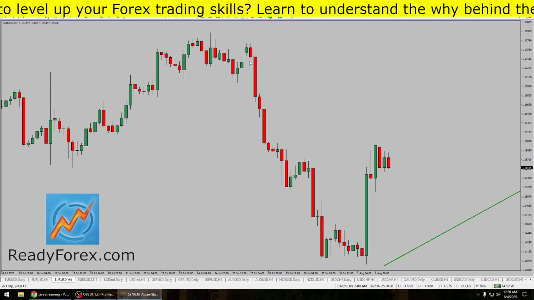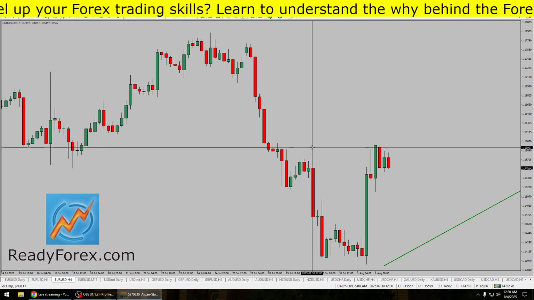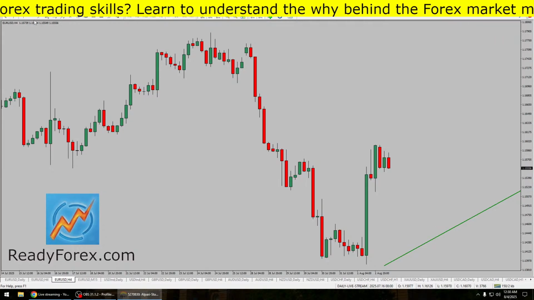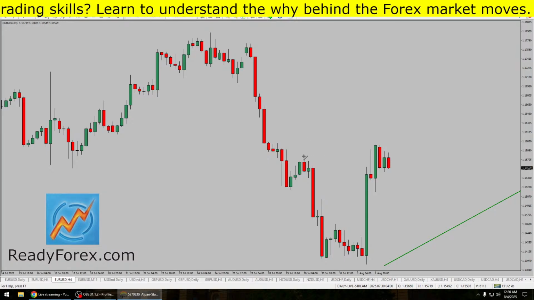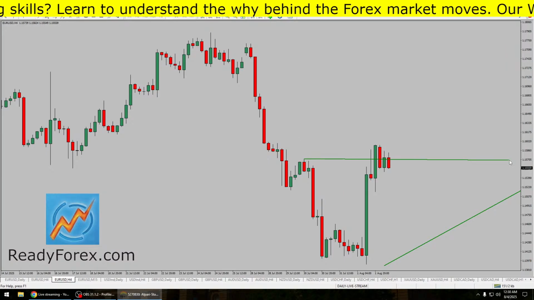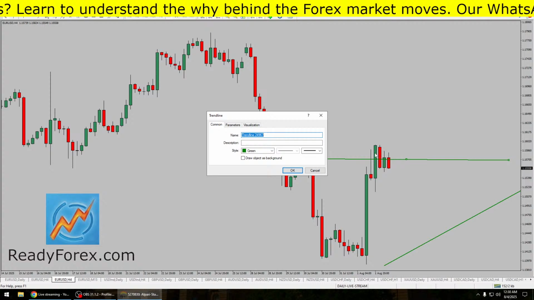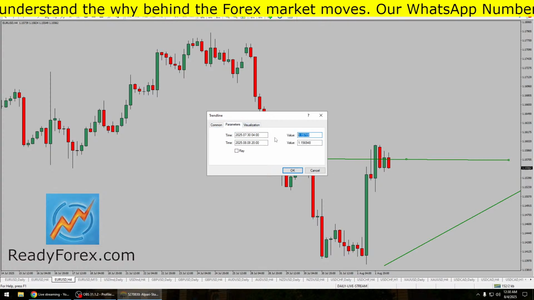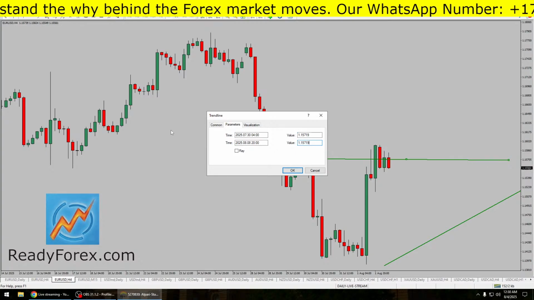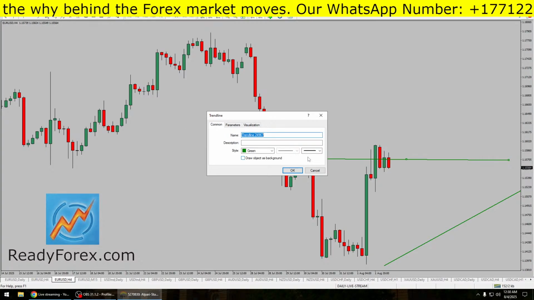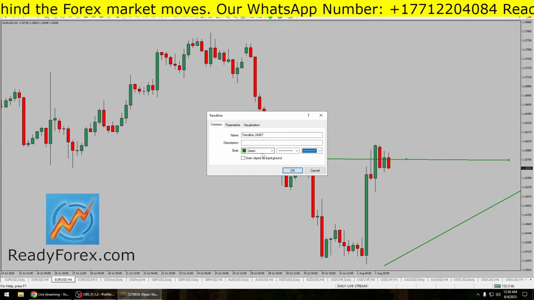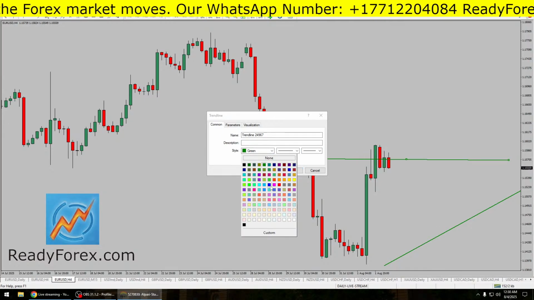If I zoom in a little bit, this is the resistance level. Let me draw the trend line right over here. Now we only got this one big bullish candlestick close above the old swing high. So if you take a look at this level, let me draw the exact level over here.